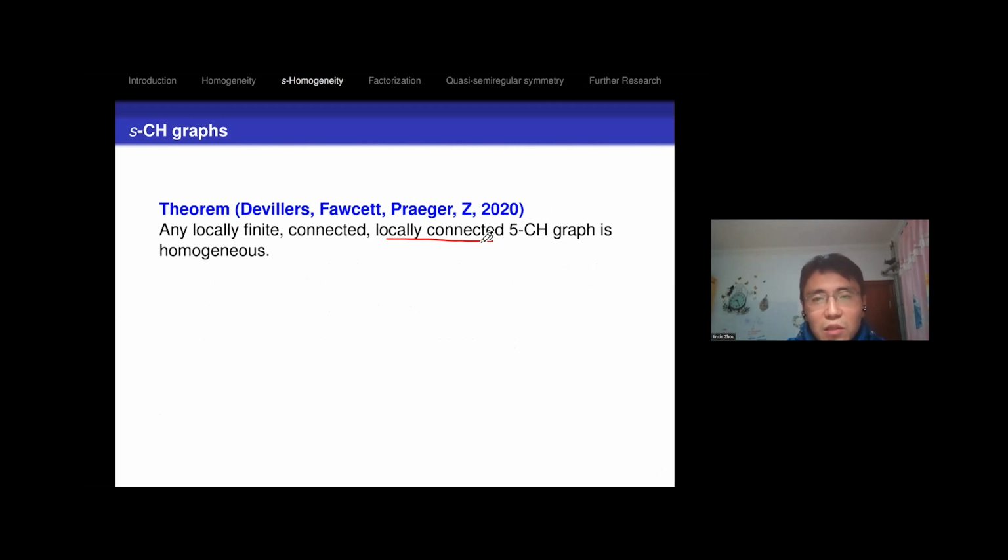Here, locally connected means for every vertex u, the subgraph induced by the neighborhood of u is connected. Then we say the graph is locally connected. So if we require the graph to be locally finite, connected and locally connected, then 5-CH implies homogeneous.